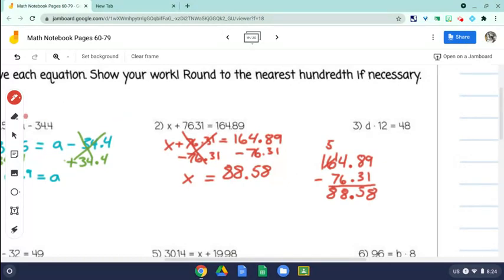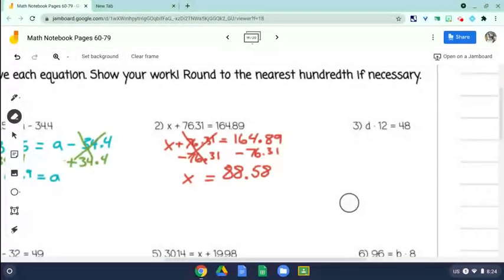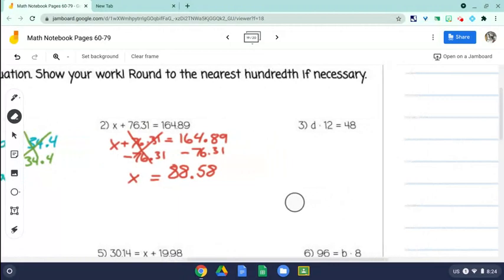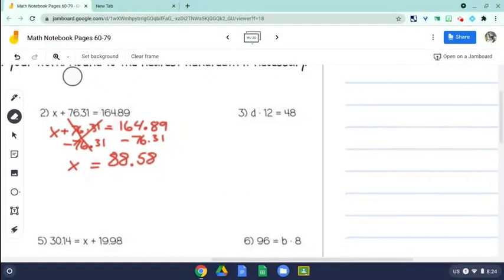Okay, I'm going to erase what I did here to make space for number 3. So remember, you can always pause these videos, go back, look at what we did again, rewatch them. Not a problem. Okay, this time we have a different operation. We have multiplication here. So we have d times 12 equals 48.